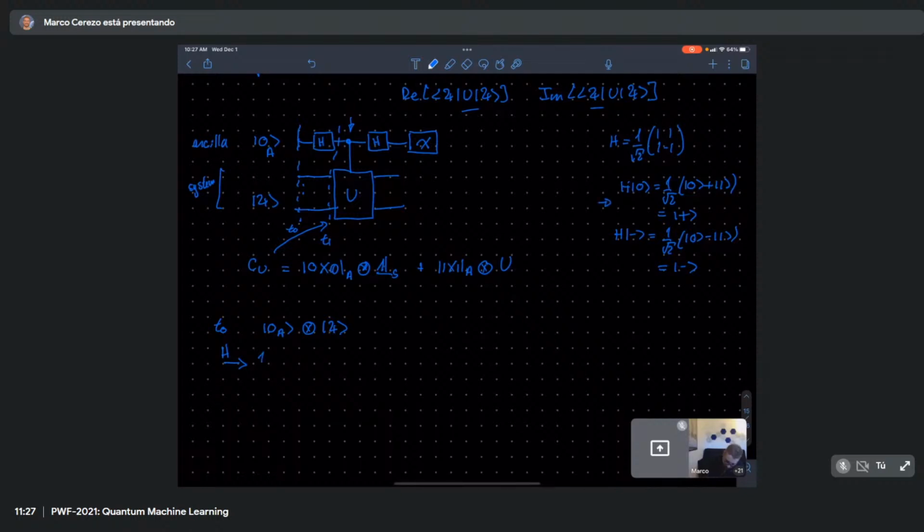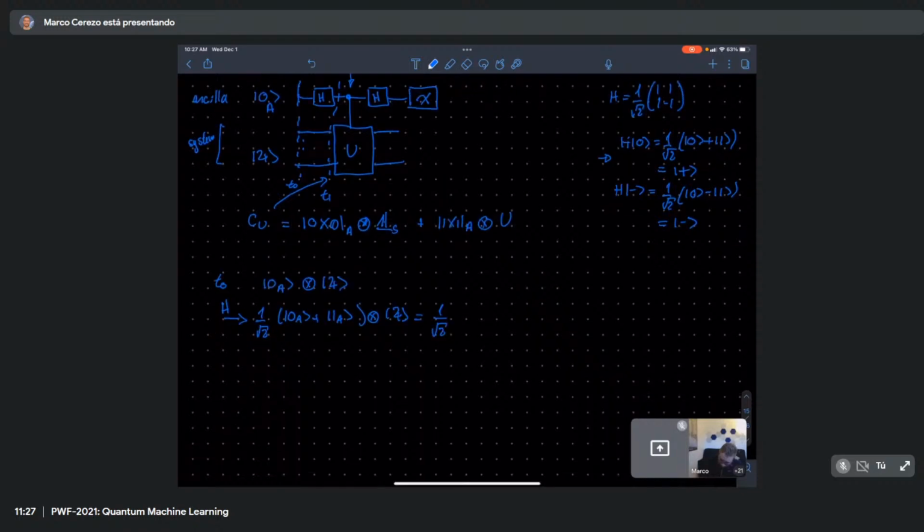So we know that this puts us in a superposition of the form 0 in the ancilla plus 1 in the ancilla, and we have this tensor psi. Of course, we can expand this: 1 over square root of 2 times 0 on A tensor psi plus 1 on A tensor psi, because we know that the tensor product is distributive with respect to the summation.